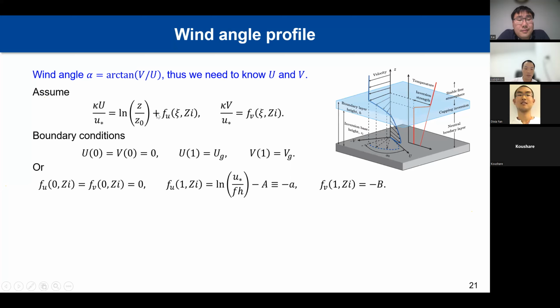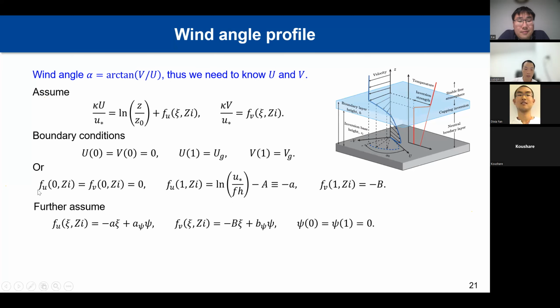For this form, we require that the wind is 0 on the surface, and also the wind at the top of the boundary layer should be the geostrophic wind. Then we can get the boundary conditions for F_U and F_V.